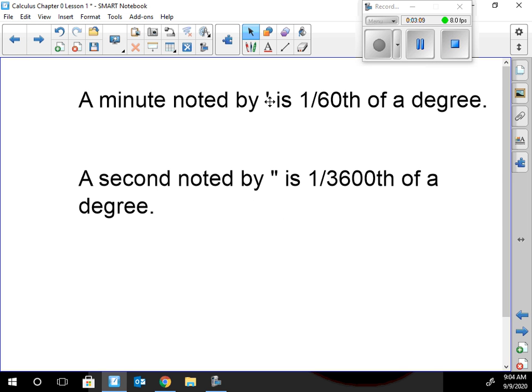A minute is denoted by an apostrophe, and it's 1/60th of a degree. A second is noted by a quotation mark, which is 1/3600th of a degree.